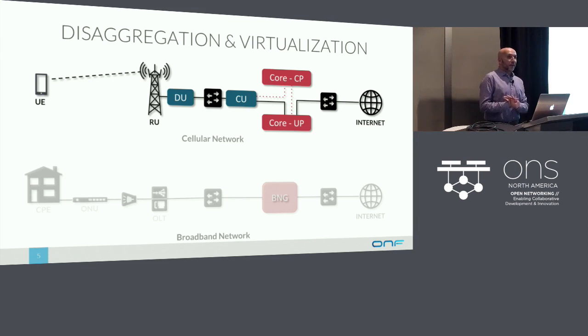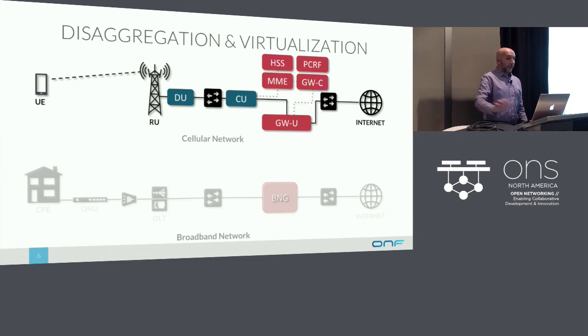So the user plane and the control plane separation, like Lyle said in OMEC, has to happen. The next phase of disaggregation would be, okay, I have a core control plane. I can further disaggregate that. In the LTE lingo, I can talk about an MME, a gateway control plane, an HSS, a PCRF.